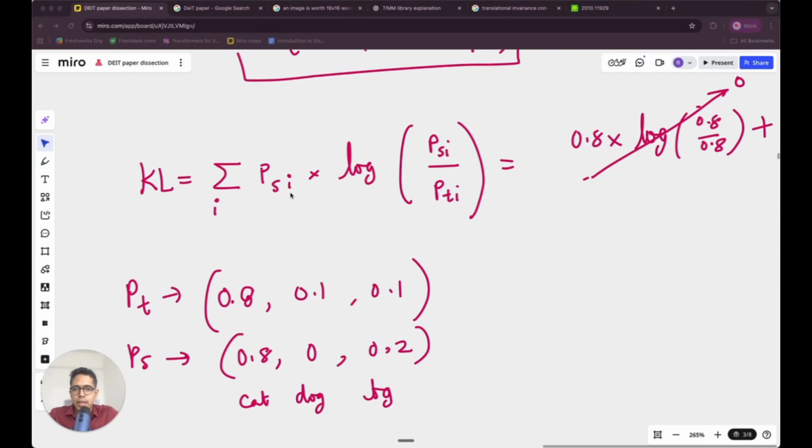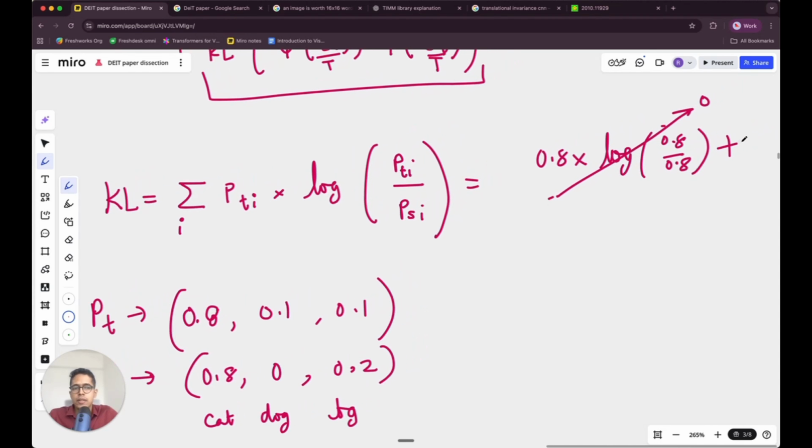I also noticed that there is a small error in this formula. Here we are forcing the student to learn from the teacher, not vice versa. We are not forcing the teacher to learn from the student. So here the S and T should be flipped. The actual formula should be the probability for the ith item for the teacher, PTi, and this should be PSi. So this 0.8 multiplied by log, this one is correct.